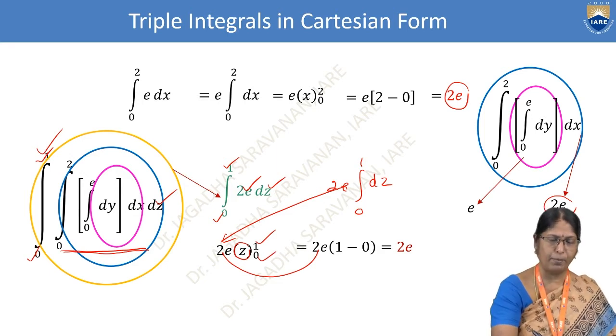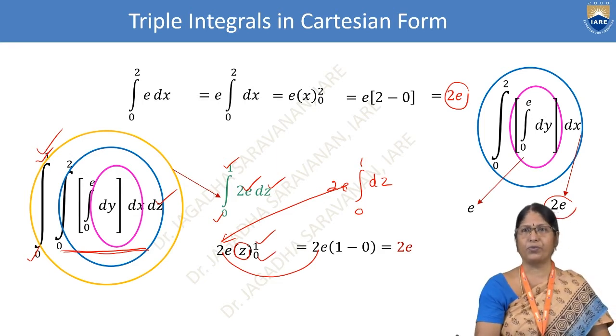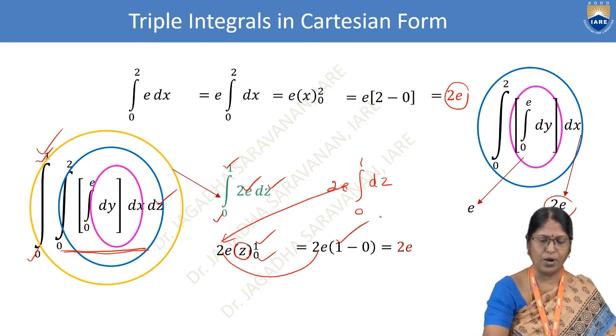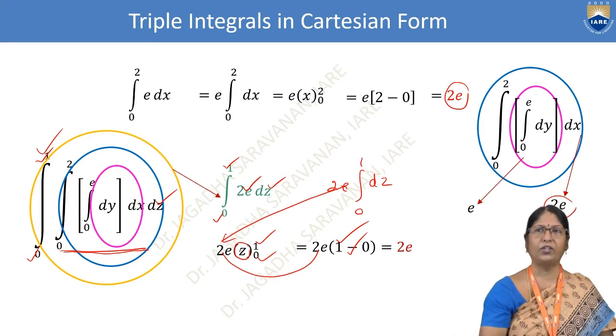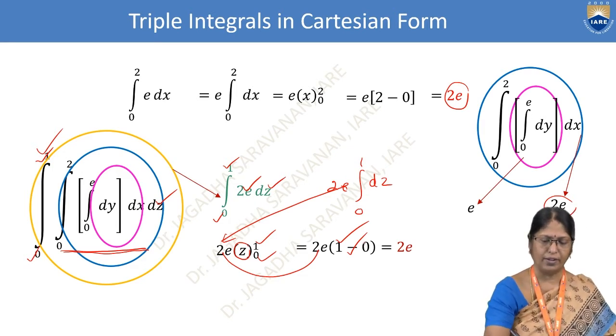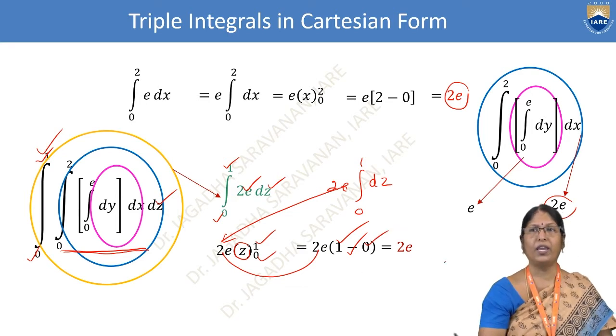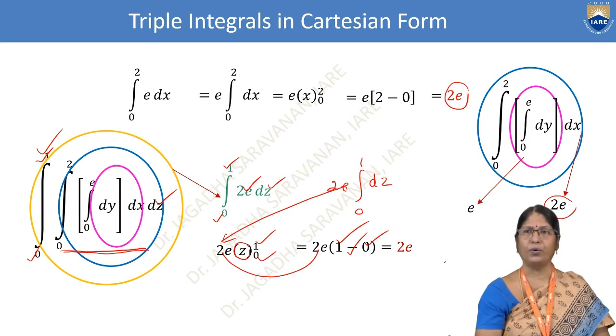The upper limit in the place of z we are substituting, we got 1. So formula minus, the lower limit in the place of z we put, that is 0. So 2e into 1 equals 2e. So we got it. The complete problem we did.